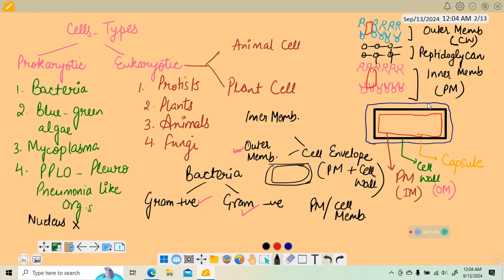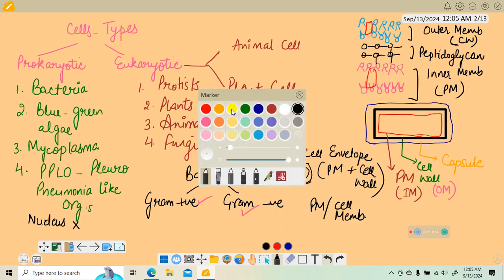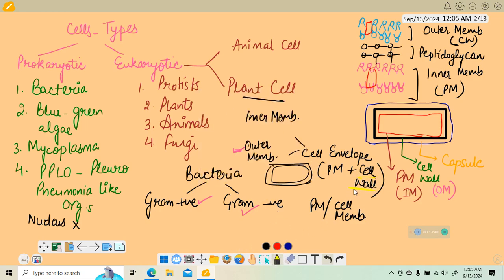Now if I talk about the cell wall, this is present in plant cells also. Cell wall here, this one.